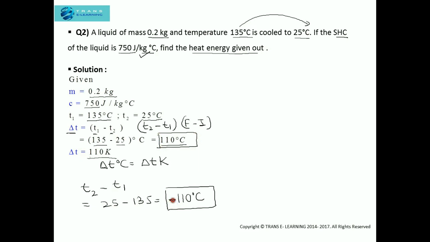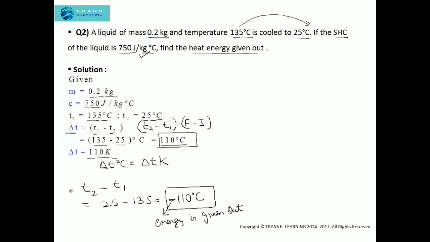The minus sign in this case depicts that the energy is given out. So when we are taking the difference in temperature into consideration, we will only consider the magnitude. We will not consider the sign, because a plus sign depicts that the energy was absorbed, and a minus sign depicts that the energy is given out or released. And here we will just take the magnitude.